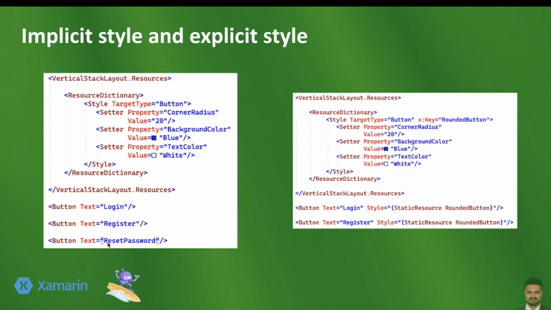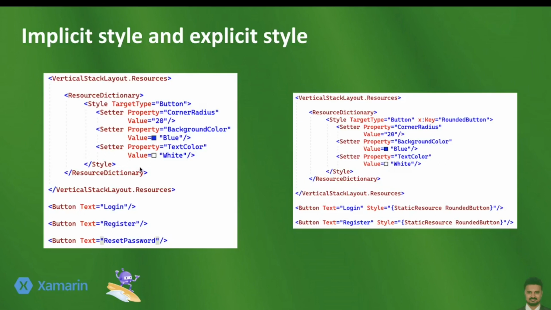I have added one more button, reset password, and all these buttons consume this style, since I have not defined any particular key to be explicitly used in the button. Instead, this is a very generic style that is targeting the type button, so it is applicable to all the buttons that we have inside this vertical stack layout.